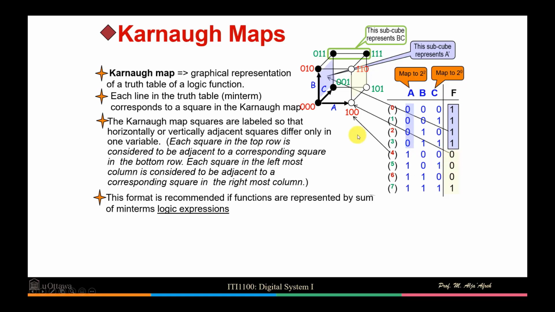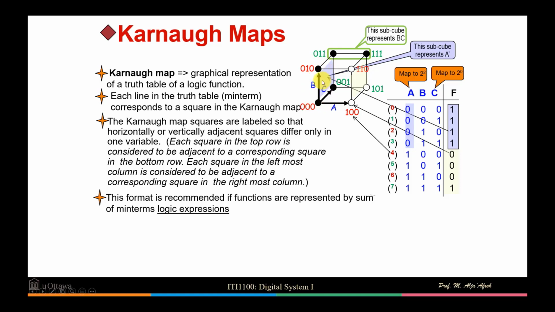As you can see, guys, we have a black dot at 000, 001, 011, and finally at 111. We can group these 4 points to formulate another shape, which is a rectangle here.